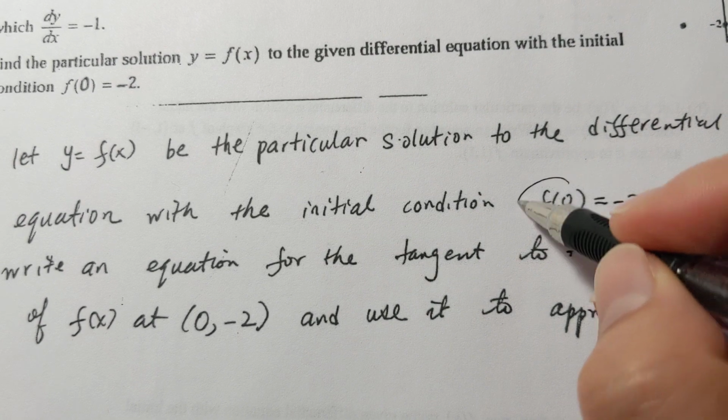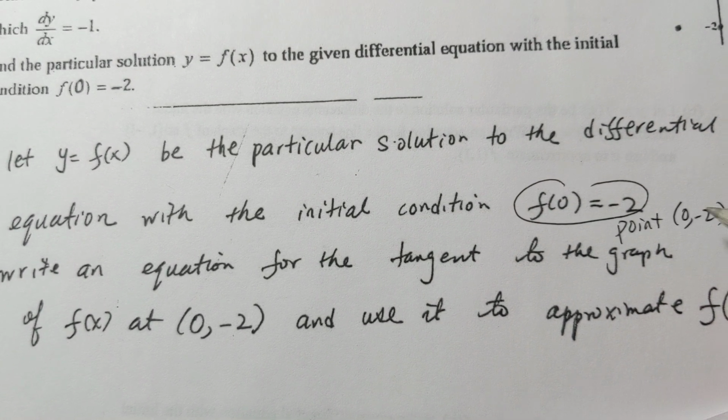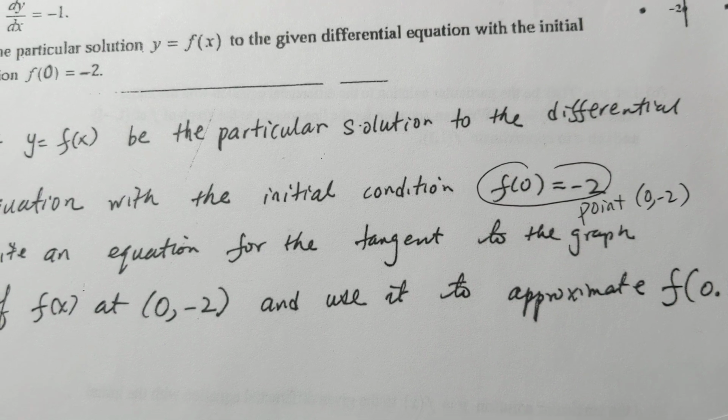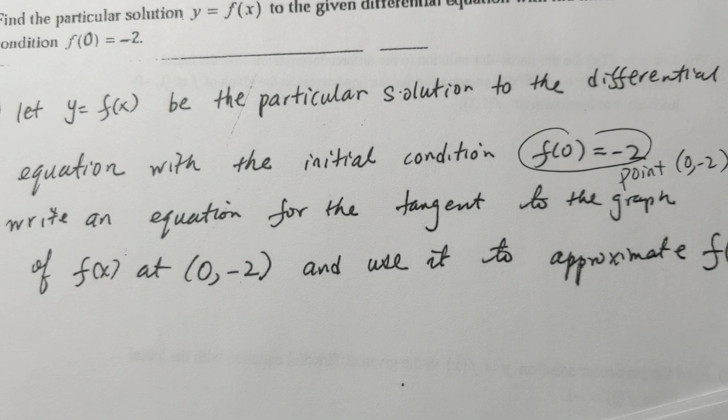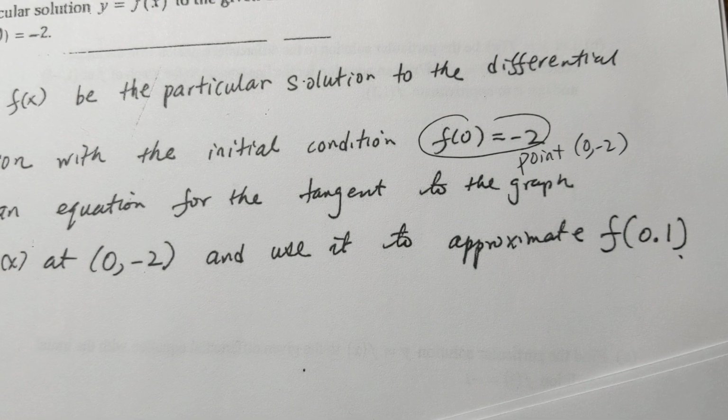So we have a point, (0, -2). Then write an equation for the tangent line to the graph of f of x at (0, -2), and use it to approximate f of 0.1.